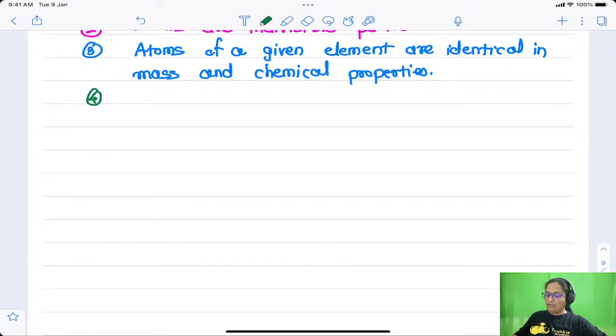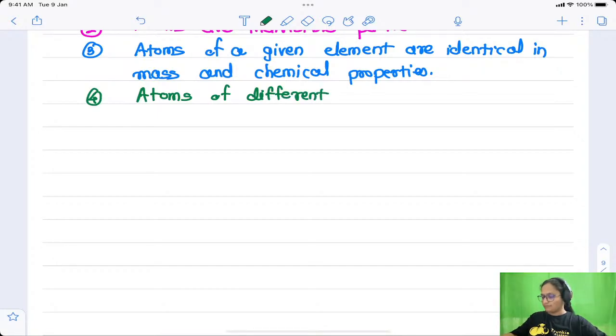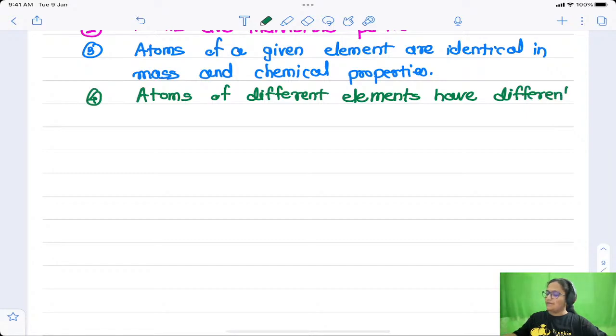Atoms of different elements have different masses and chemical properties, exactly opposite to postulate number 3.